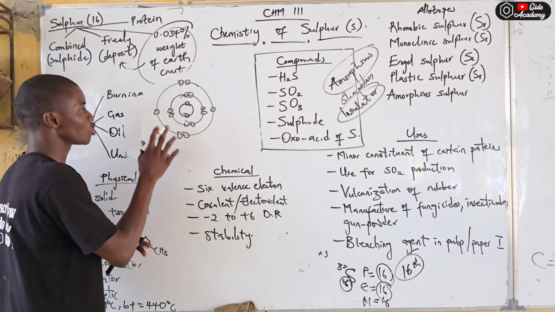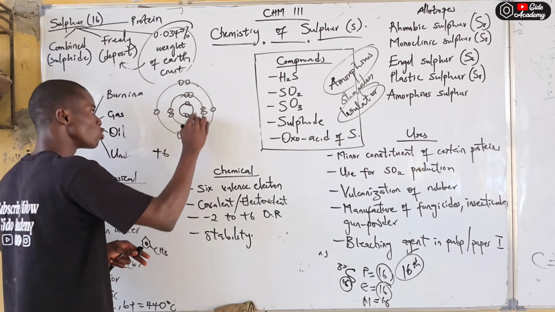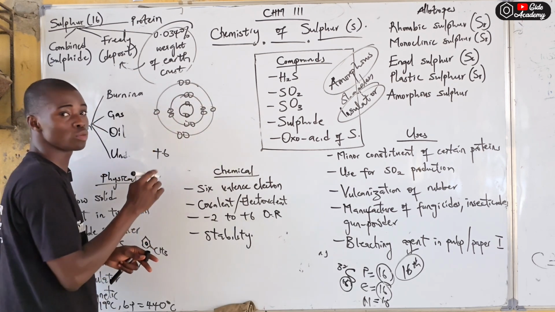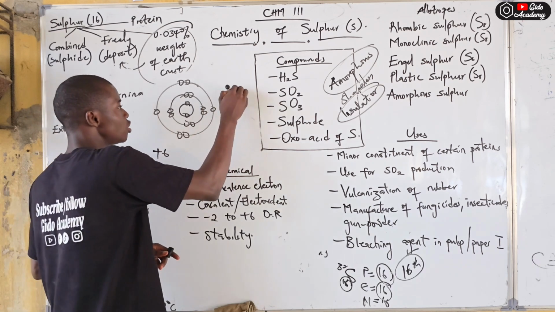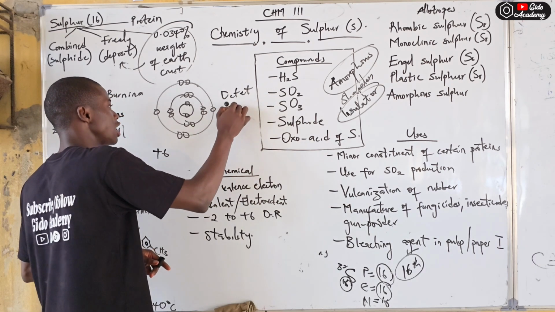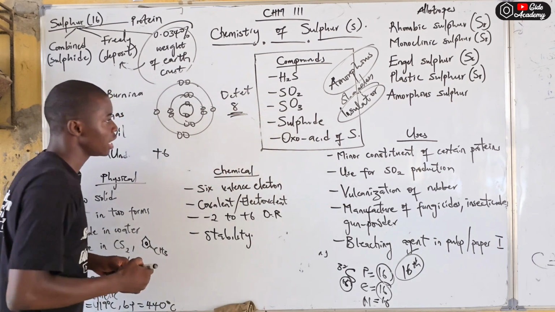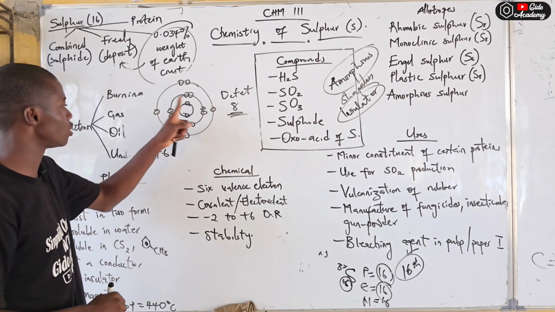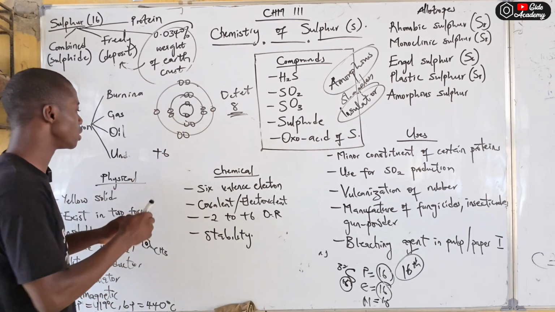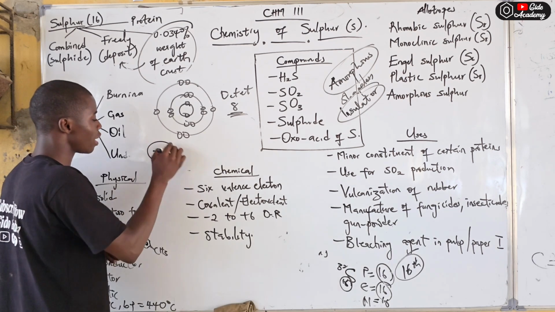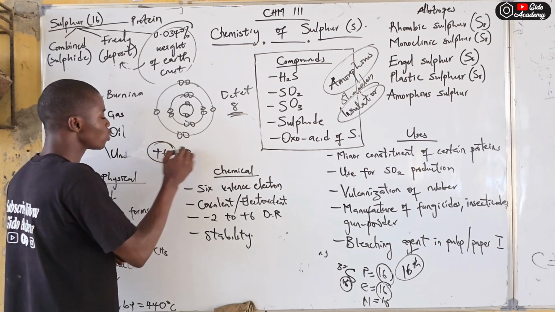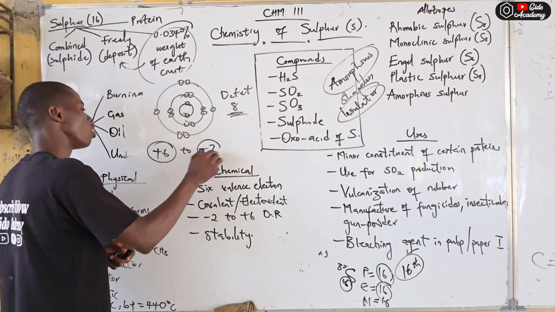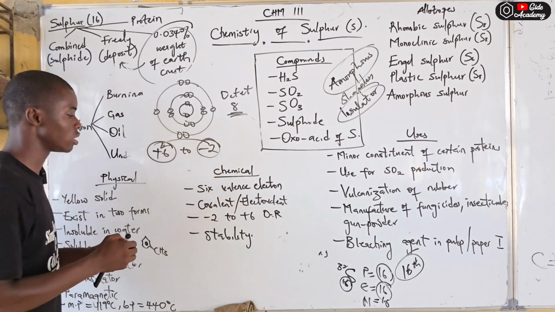So how many electrons are remaining for this valence shell to be complete? We have 2, because it is going to obey the octet rule. The octet rule states that for the shell to be complete, there will be 8 electrons. So we realize that we have to put 1 electron here and 1 more electron here to be complete. So it has an oxidation number ranging from plus 6 to minus 2, or minus 2 to plus 6.